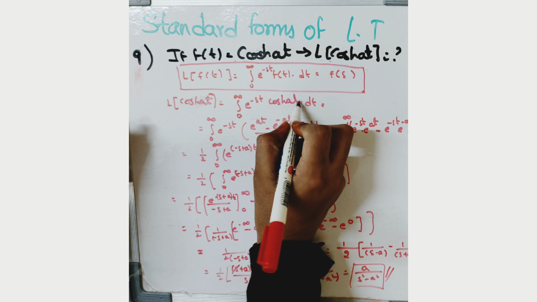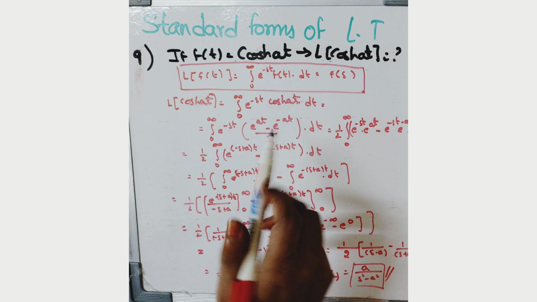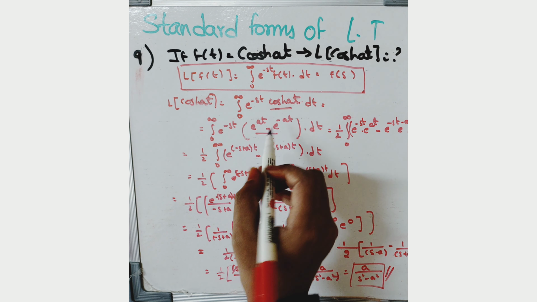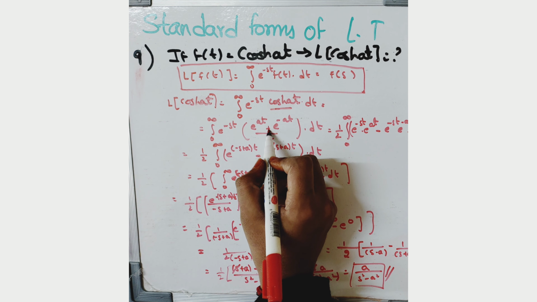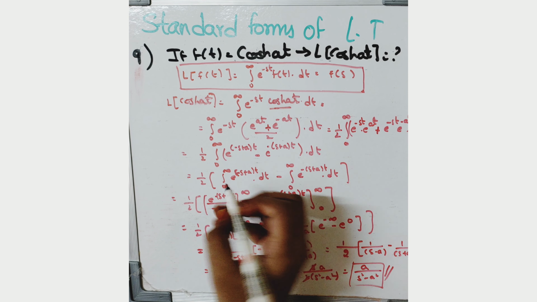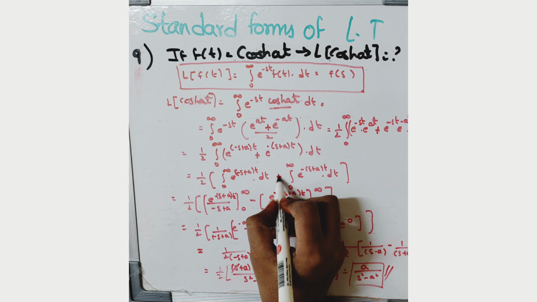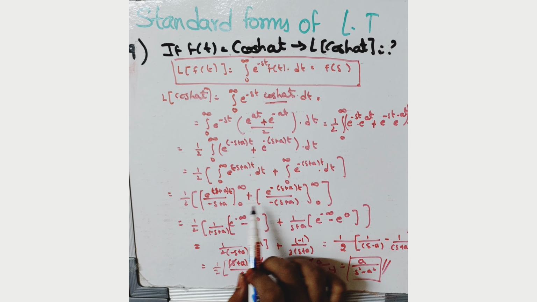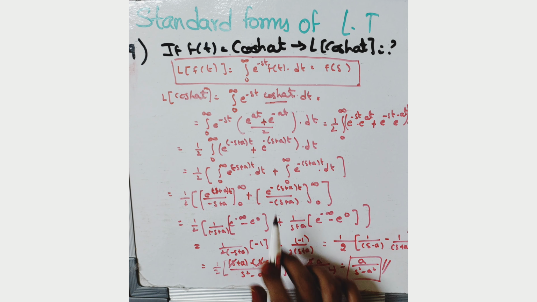Cosh at. Okay, so e power minus st, and in place of cosh at, the formula is e power at plus e power minus at by 2. So simply change the sign, plus, plus, plus. Till here we have just changed the symbols, right?